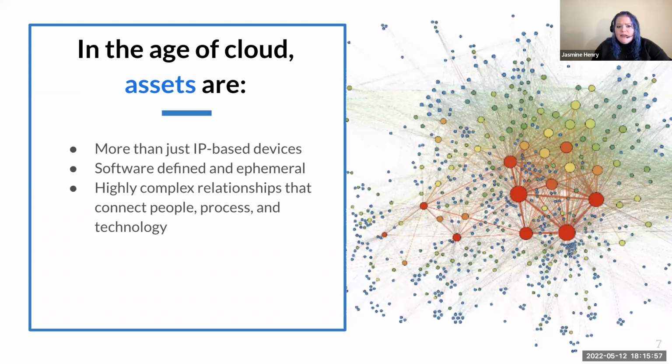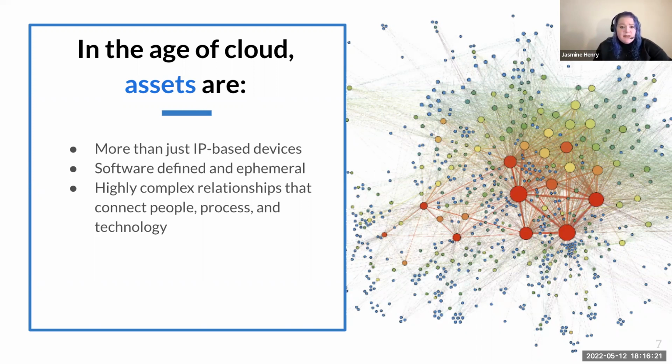And they're not really terribly static or physical things. 89.62%, so nearly 90%, are cloud. They're not necessarily IP based. There's not a ton of static IPs within an organization's asset inventory anymore. And they're also largely software defined and ephemeral.